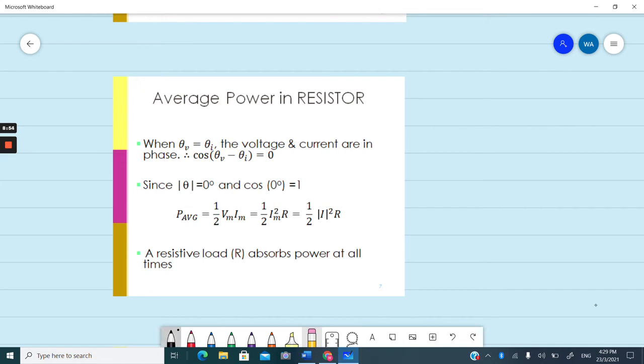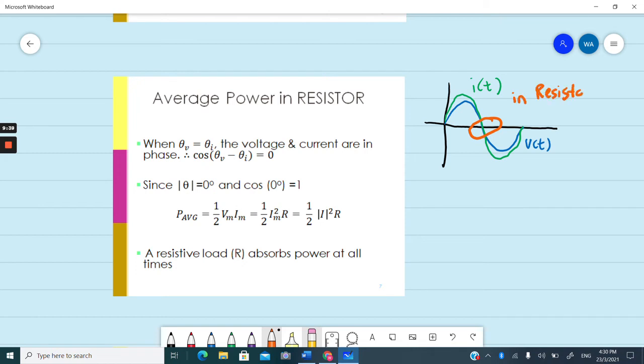Previously, you learned that when we plot the voltage, in this blue color, and the current, I(t), you know that there is no phase shift between the voltage and current in a resistor.